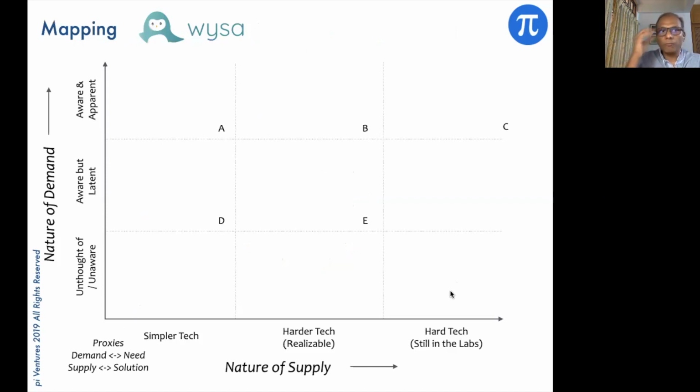So now comes the fun part. Let's map it now. Please use the chat, not the chat bot, chat. Please mark where Wysa is in your mind on this one. All right.